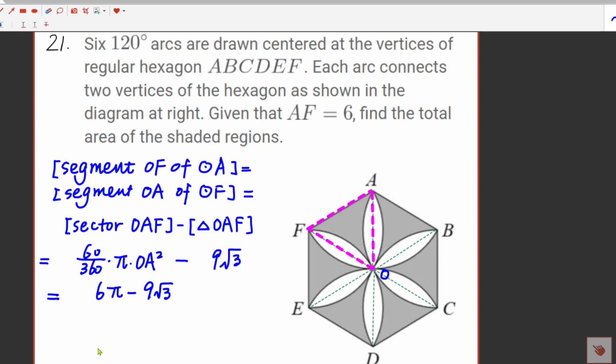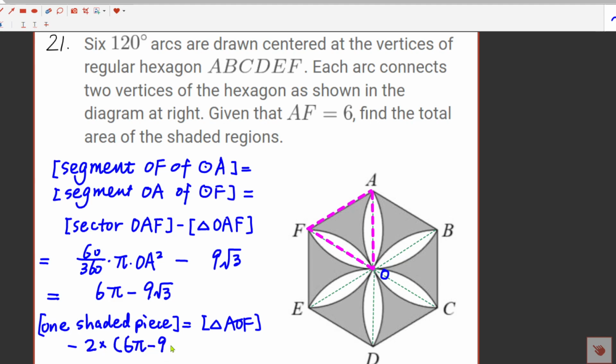So the area of one of our shaded pieces is given by the area of triangle AOF subtracted by 2 times the segment, which is 6 pi minus 9 square root 3, right?